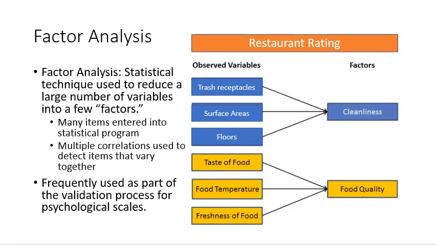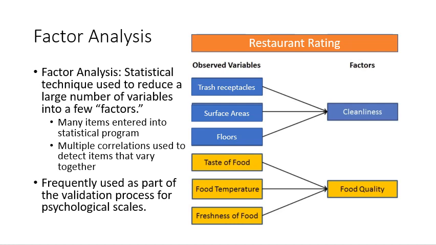This is a really simple example. Imagine that we wanted to have restaurant ratings and we had all of these variables that we were measuring, but we wanted to make the information a little more concise. What we might find, if we entered these 6 factors into a statistical program, is that scores that were high on one variable would tend to be high on others.